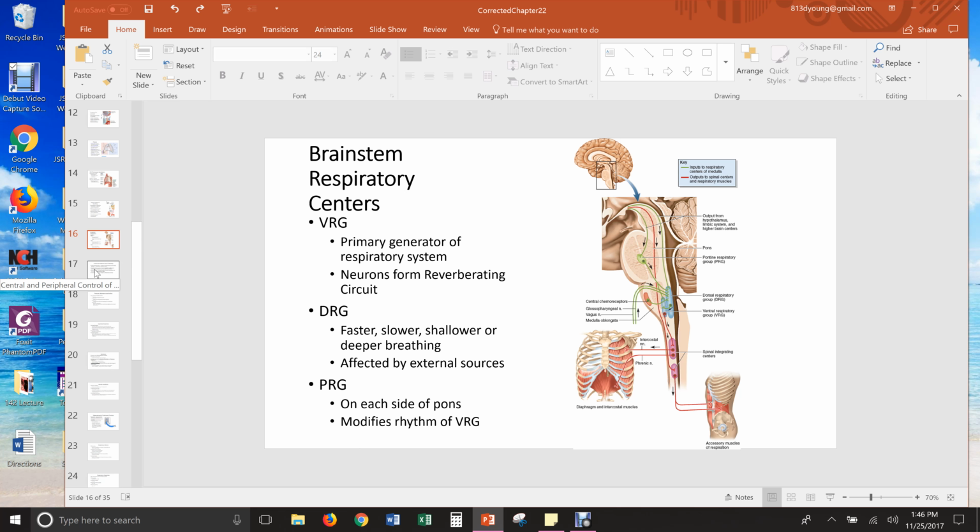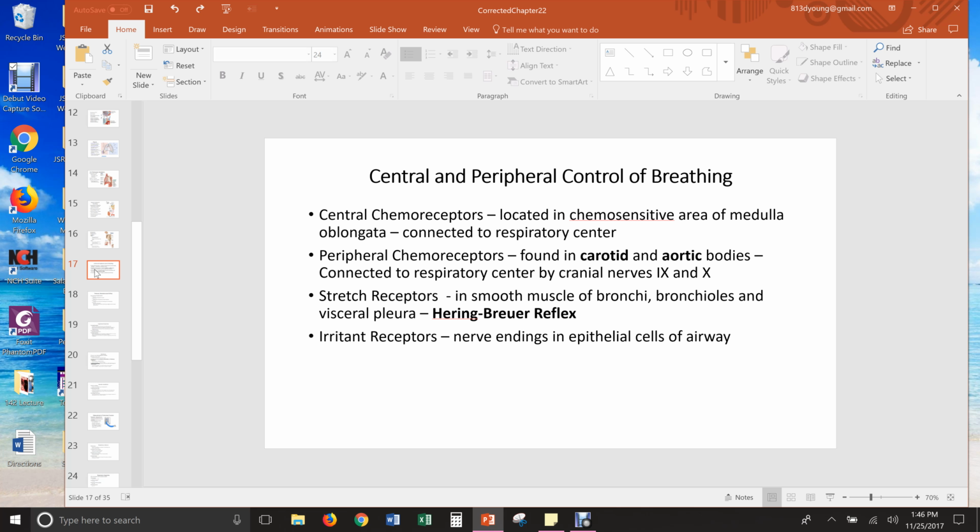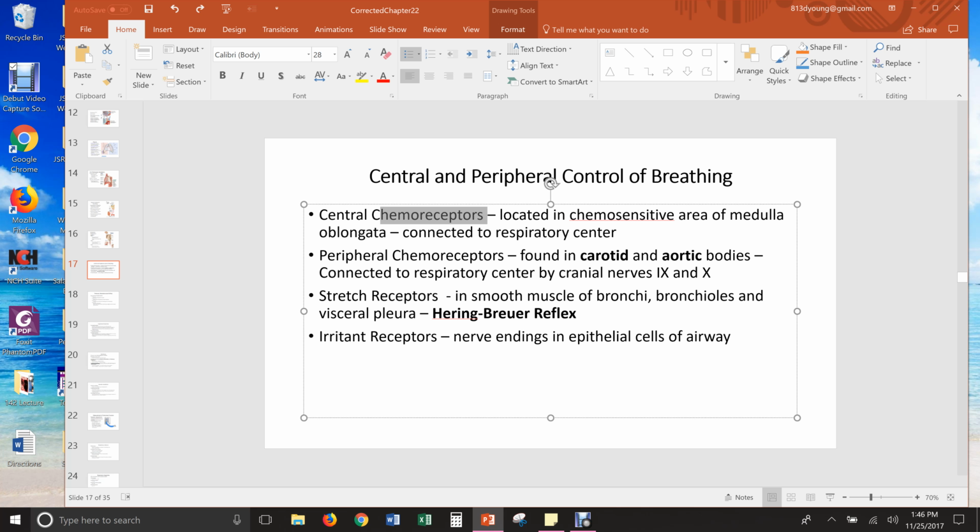So as we look at the control of our breathing, like I said, in the medulla oblongata, we're going to have those groups, the respiratory center. We are dependent on chemoreceptors and some stretch receptors. Now, the chemoreceptors are going to be very responsive to oxygen, carbon dioxide, and pH. Those chemoreceptors can respond to any of it.